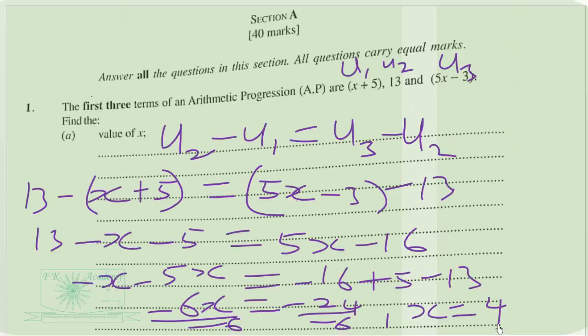The B part of the question says we should find the 22nd term of the sequence. So the terms of the sequence will be x plus 5, so 4 plus 5 is 9. The next term will be 13. The next term will be 5x, which is 20 minus 3, 17.